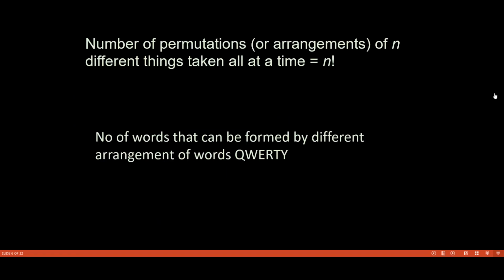Now let's see some more cases. See this thing. The number of permutations or arrangements of n different things taken all at a time is factorial n. So what does this say? If you want to arrange, for example, 5 different things, and you are taking all of them together and you want to arrange them in different ways, you will get 5 factorial.